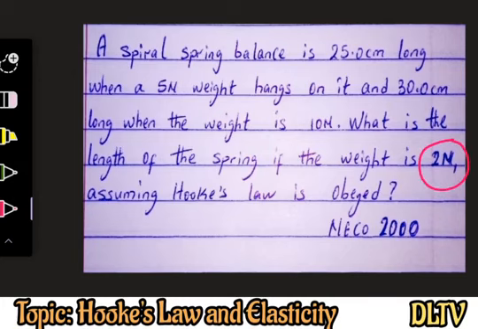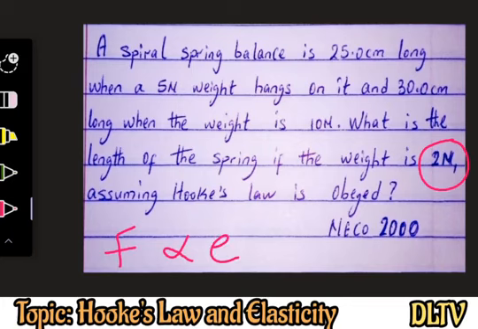Of course, you know, Hooke's law states that provided the elastic limit of a material is not exceeded, the extension is directly proportional to the force. So Hooke's law is a law that relates force with what? Extension. It's a law that shows the relationship between force and extension in a proportional way.